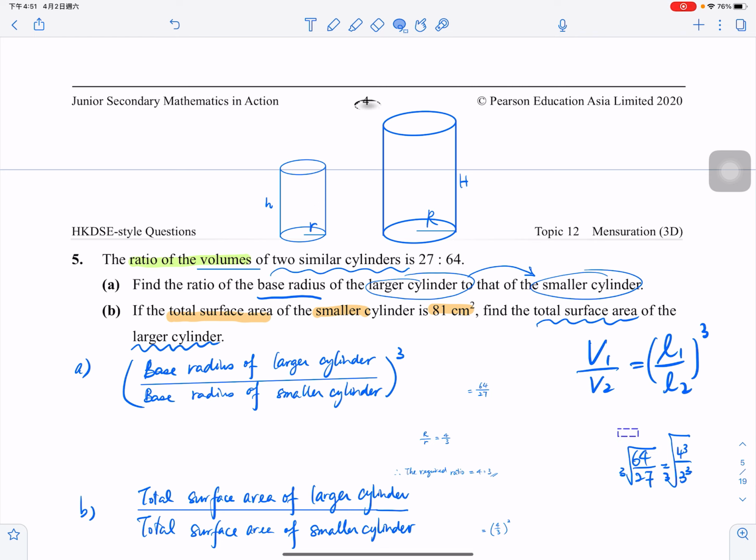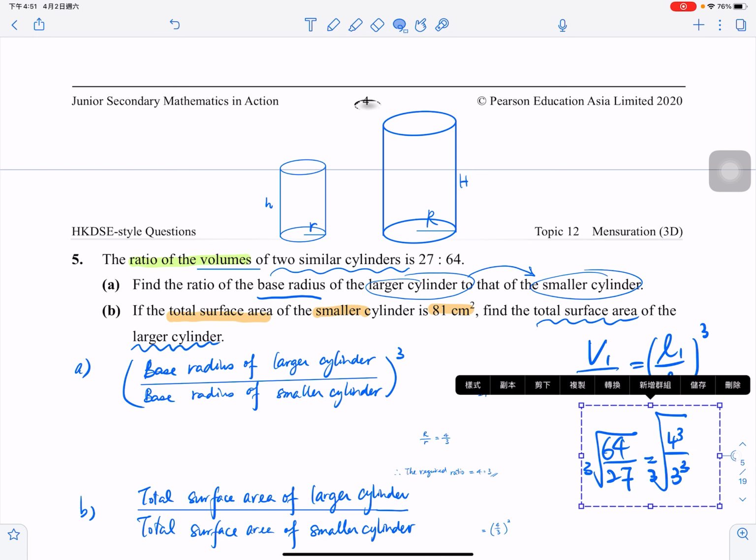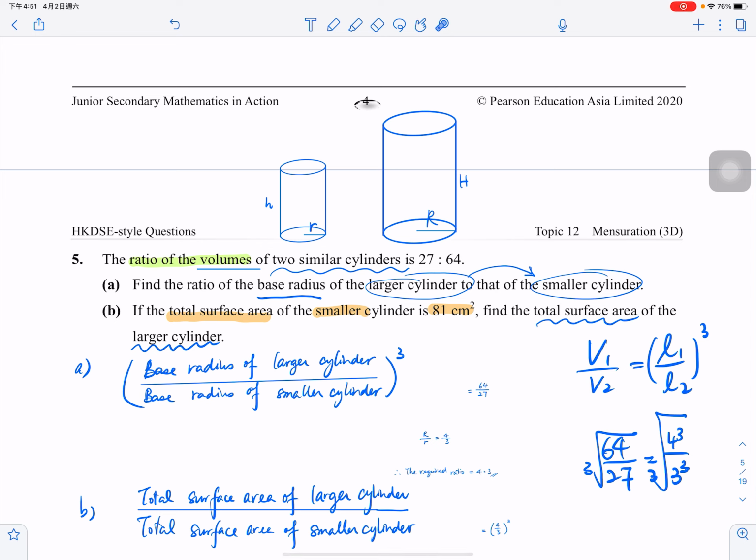So here maybe you think, oh, is it this one? If you want to find the length, that means the cube root of this ratio, 64 over 27. L1, L2, depends on which one is 1, which one is 2, whatever. So remember, here is the base radius of the larger cylinder, so 64 as numerator.